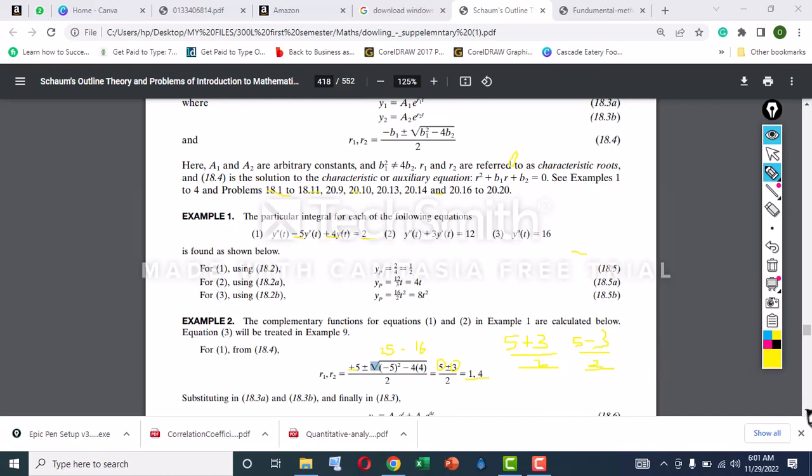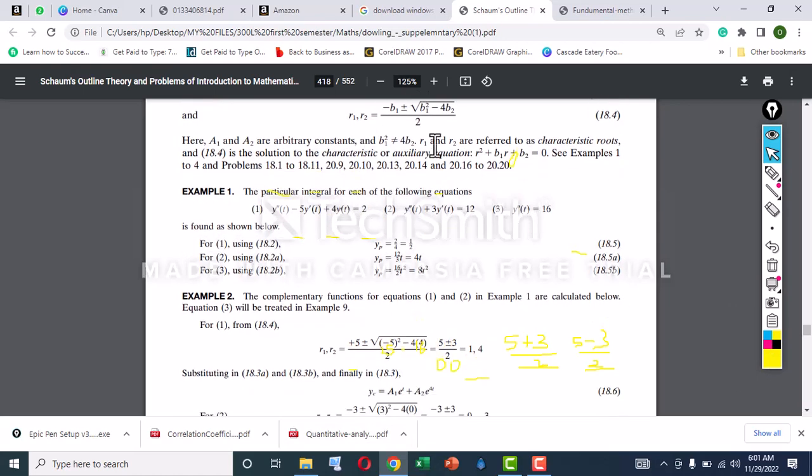Now don't be too eager to leave the question. You are not yet done. That's just for R1, R2. So you come back to your equation and put it in it. Our equation says A1 e^(R1 t) plus A2 e^(R2 t). A1 is A1, so you are not changing that one. e is e, but that R1 is 4.